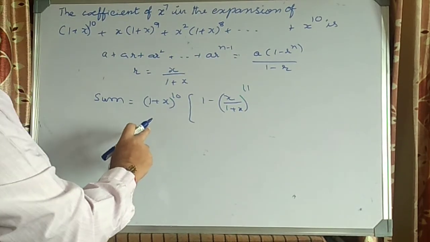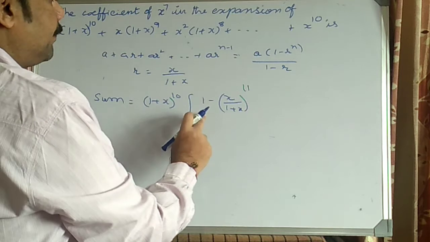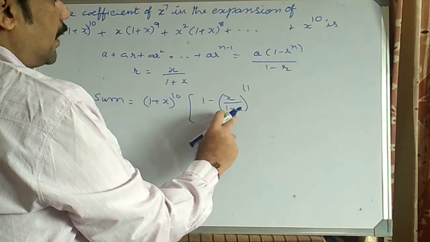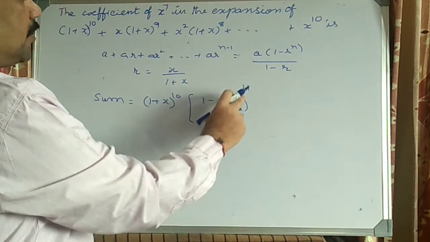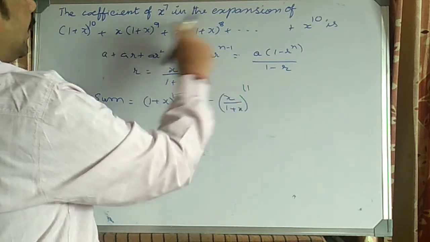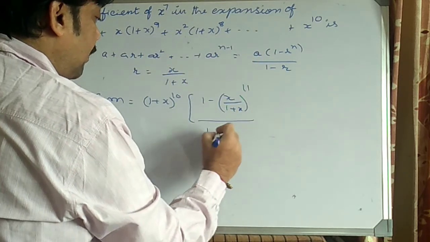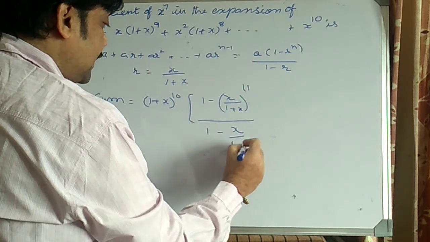Sum is equal to 1 plus x whole to the power 10 into 1 minus r, meaning x by 1 plus x whole to the power, here n is 11, divided by 1 minus x by 1 plus x.